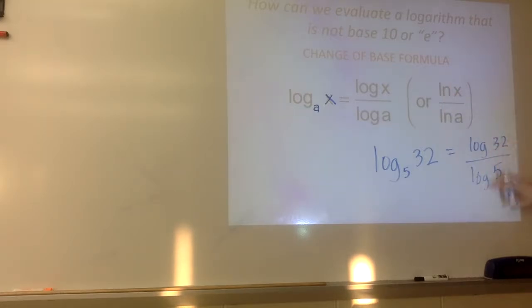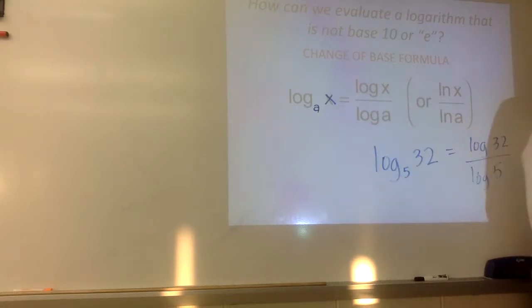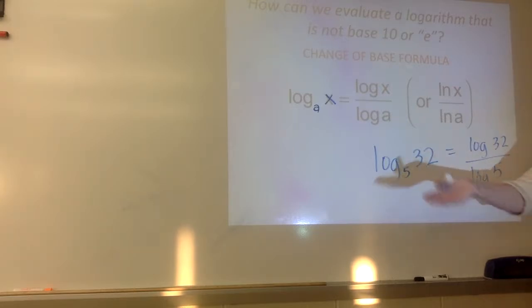Notice I wrote log twice. It's two separate logarithms combined into one fraction. Some of your calculators will allow you to manipulate the bases down here in some of the menus. Some of them don't. So it's not fair that I give that to you and ask you to evaluate it when you all don't have that as a tool on a test. So that's why if you have this scenario happen and you can't think it out, you want to go to here.